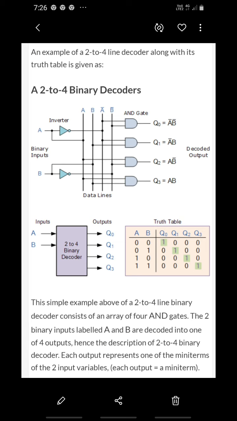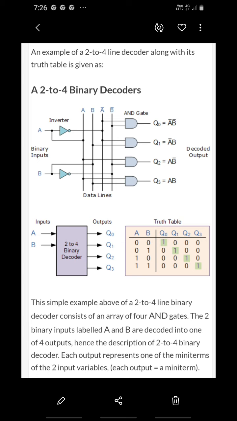So, the 2 to 4 binary decoder circuit symbol, its truth table, and the actual circuit diagram are shown in the above PPT. Here in the circuit symbol of the 2 to 4 binary decoder, it contains 2 inputs and 4 different outputs.